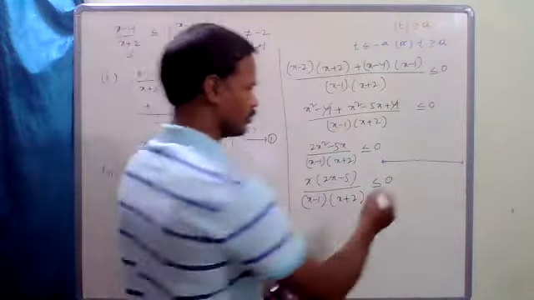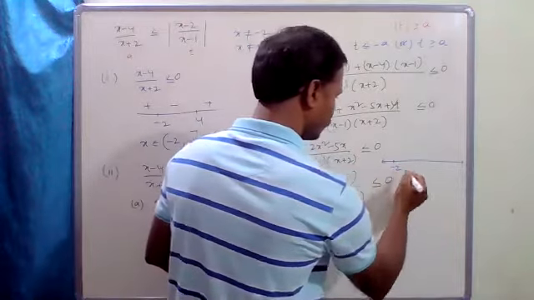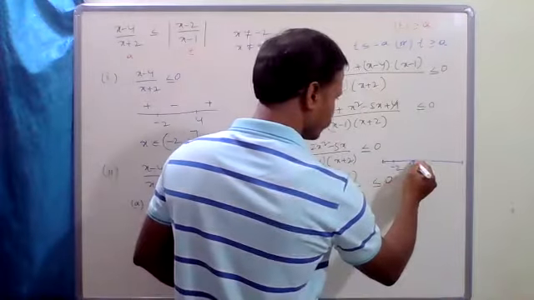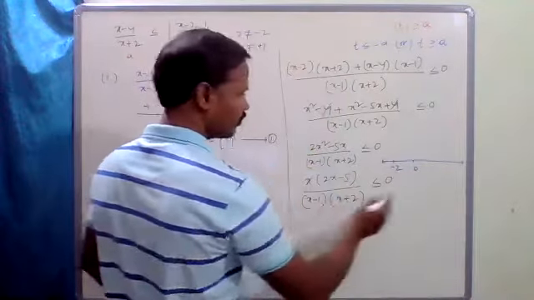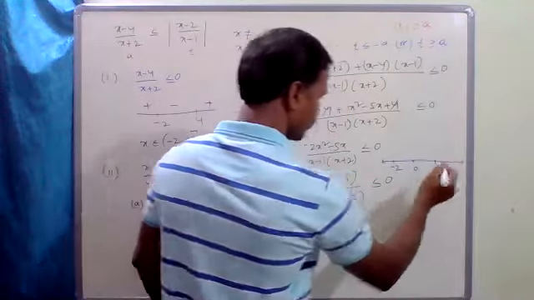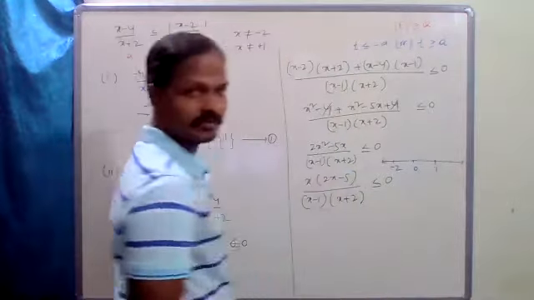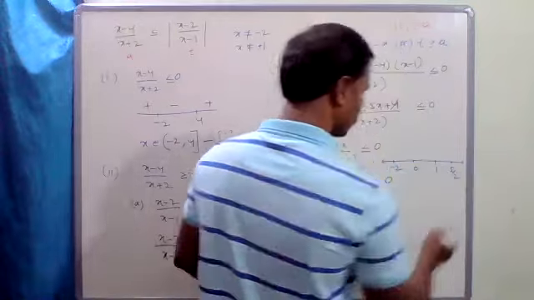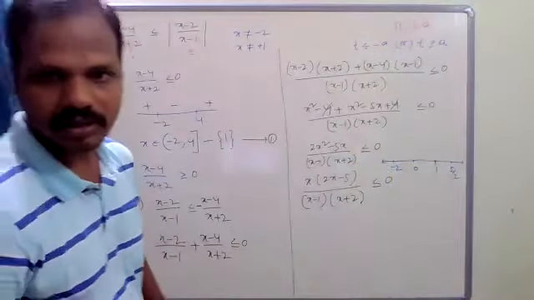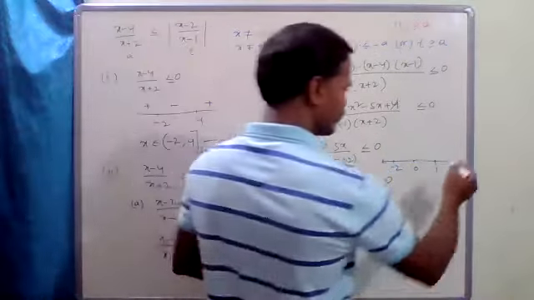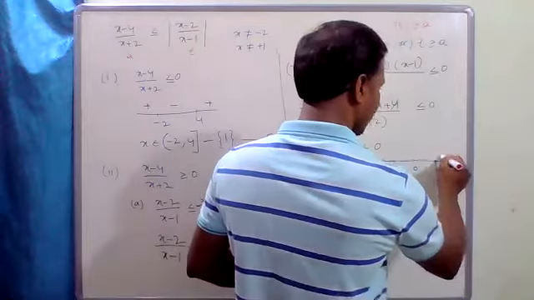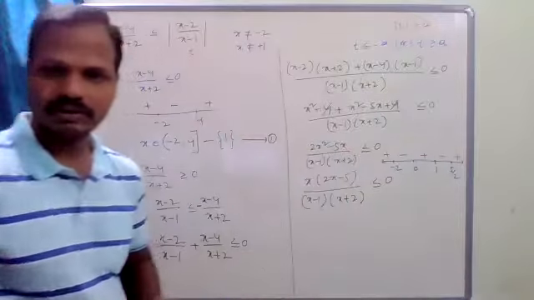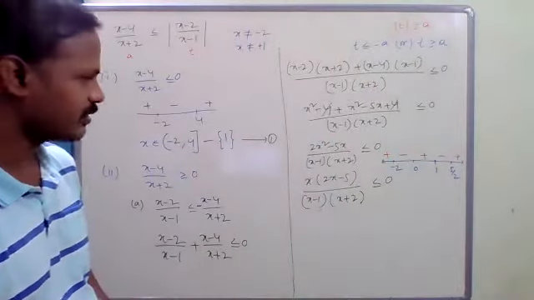This is minus 2, and then 0, then 1, then this is 5 by 2. 5 by 2 means 2.5. And now apply the wavy curve method. So plus, minus, plus, minus, plus. Apply the wavy curve method.